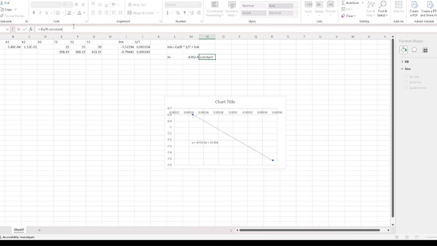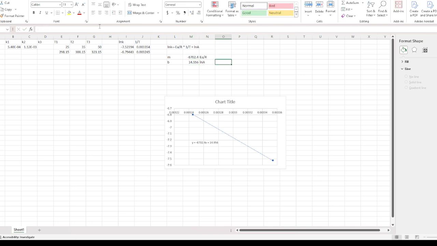That's the problem. It's confused because it wants to try to write an equation. So it's EA over R. Let's see if it'll do that. So it's negative EA over R. And our y-intercept, B, is 14.956. And this is ln of A.